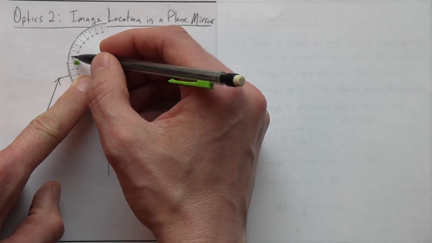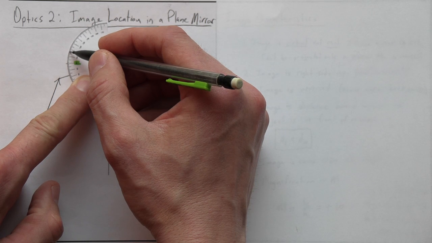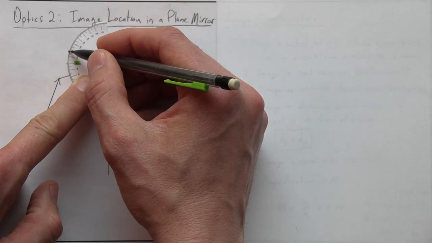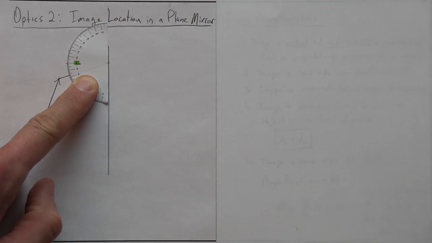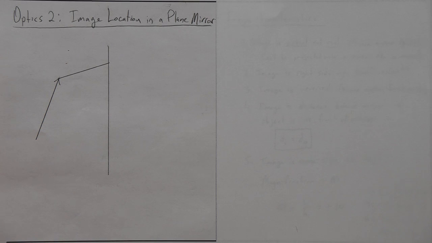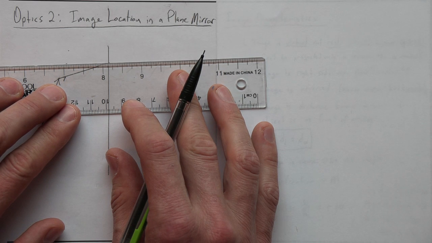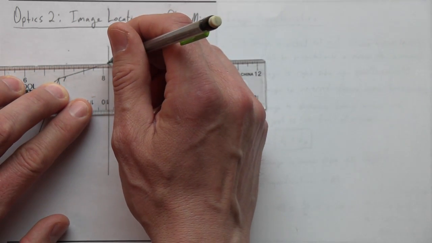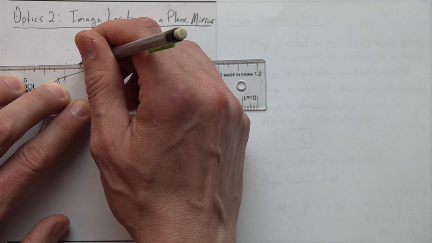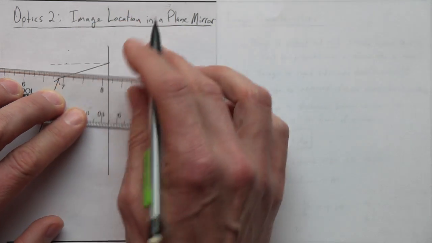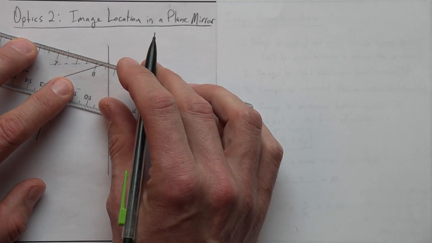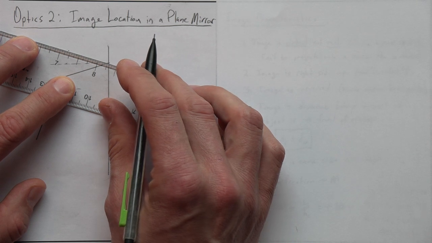So I'm going to go 10, 15, and then 17 will be somewhere around here. That's the mark for the reflected ray. So now I remove the protractor, and I'm going to make a dotted line for the normal. And then I'm going to make a reflected ray go like this.